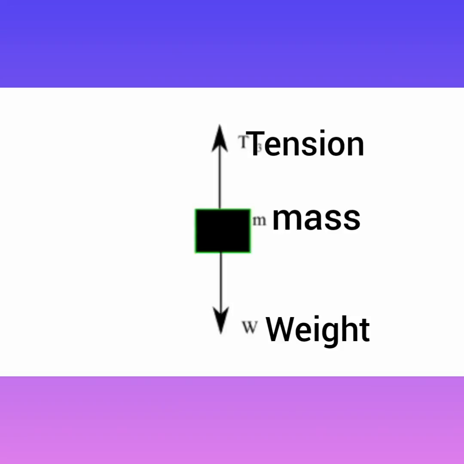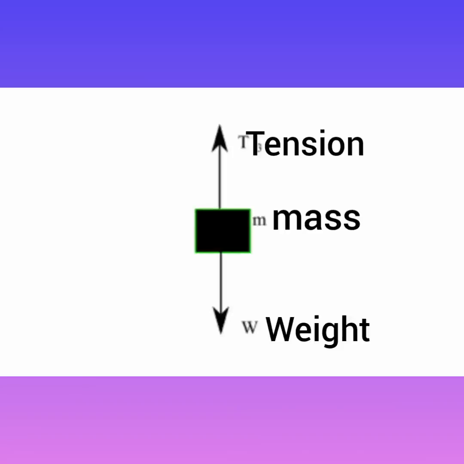In the above example, the gravitational force is always balanced by the upward tension force. In the earlier example, the book was supported by the table. Here, the weight, the stone, is supported by the string.